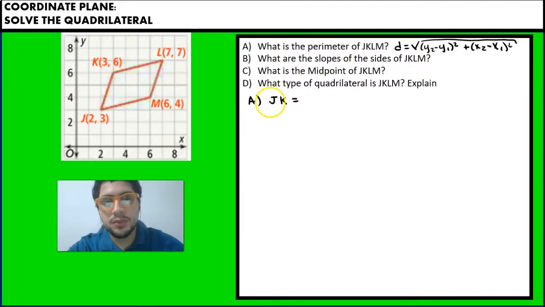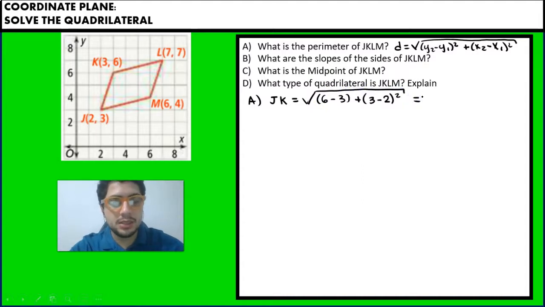So if we do JK, then we're going to find that that is the square root of 6, which is going to be y2, minus 3, which is going to be y1, plus x2, which is 3, minus 2, which is x1, and that raised to the power of 2. And now this is the process that we're going to repeat for every single side.